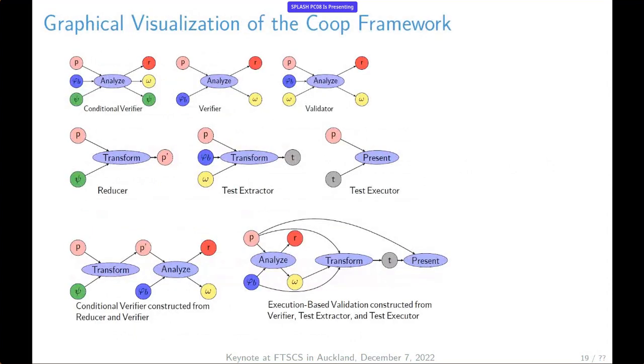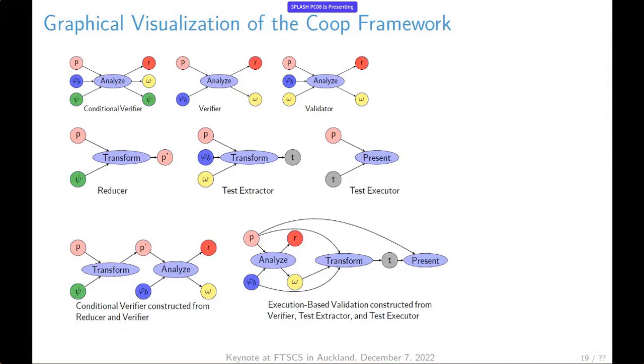So to approach the problem, we said, okay, we need to think about what kind of tools we have, how they behave, and what they actually are, pragmatically. So we have, for example, an analyzer like this, second in the first row here.